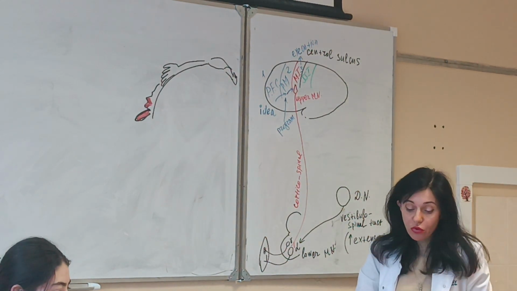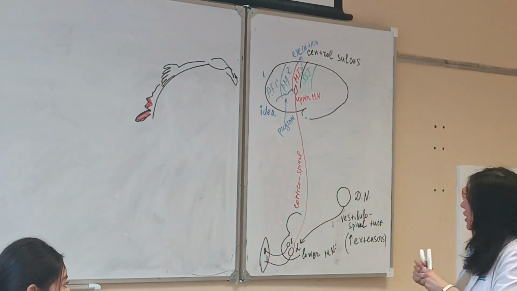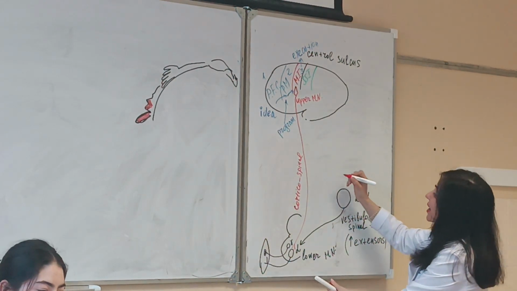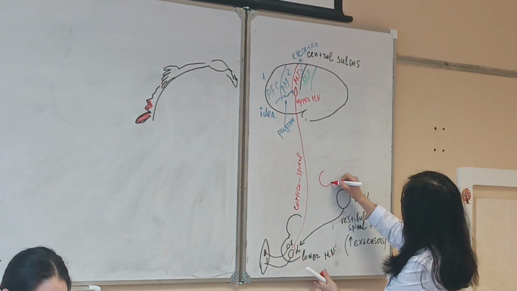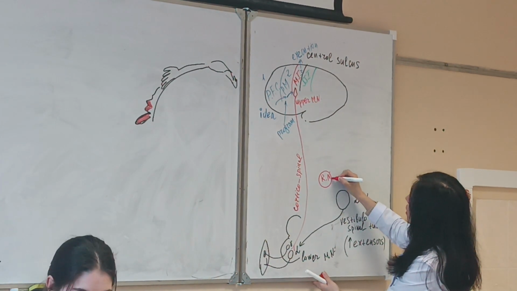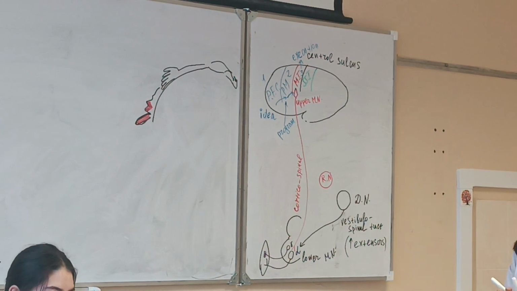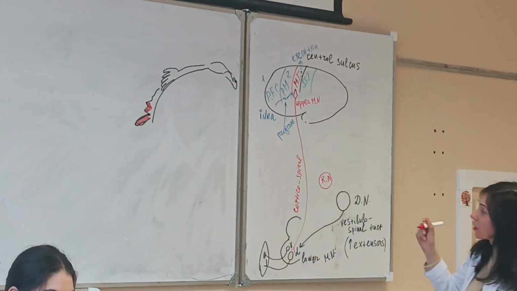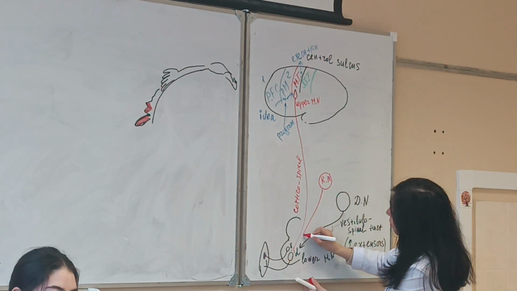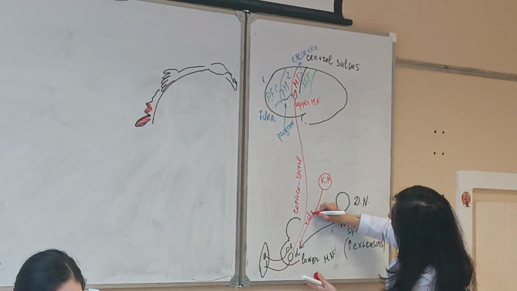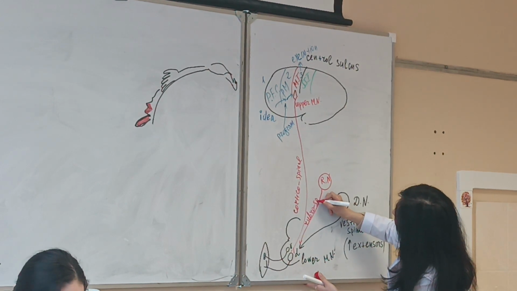Next, a nucleus in the midbrain, the upper part of the brainstem: the red nucleus. I will mark it RN. The red nucleus forms the rubrospinal tract.